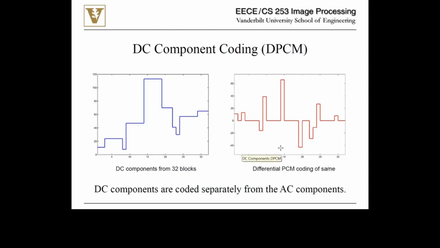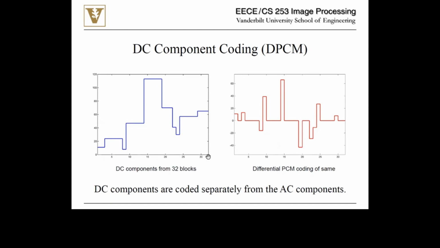Okay, now let's concentrate on the DC components. This only applies to the 0 frequency components. If you consider one block, that block will have a value, say, 15. The next block will have a value of 15, the next block will have a value of 15, and then the next block takes a value of 22, and so on.